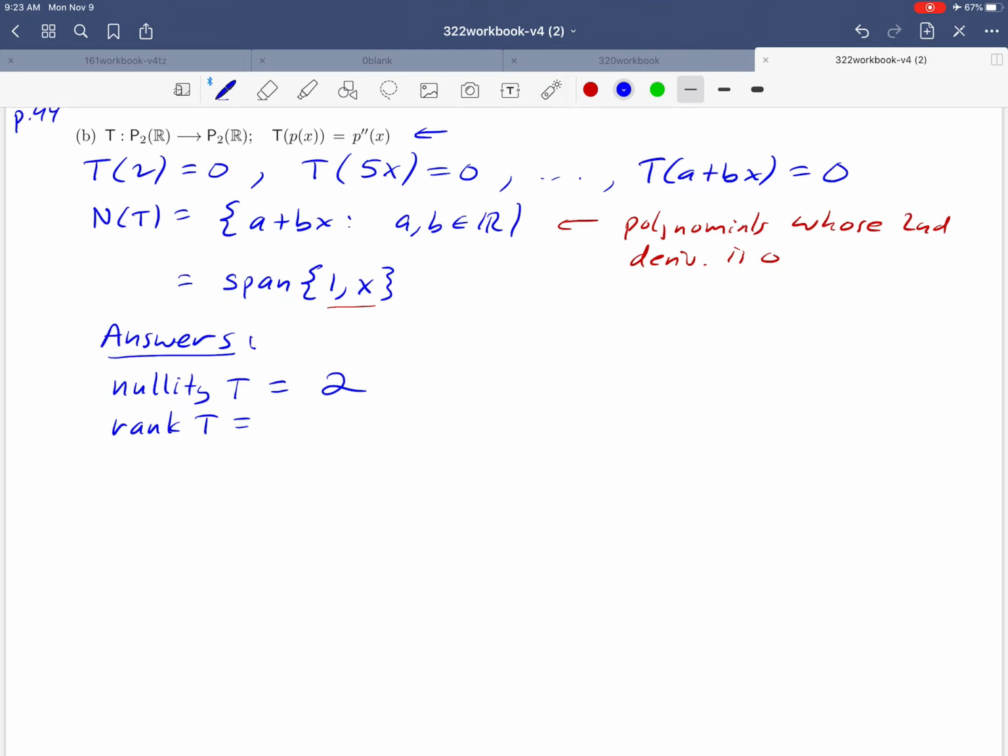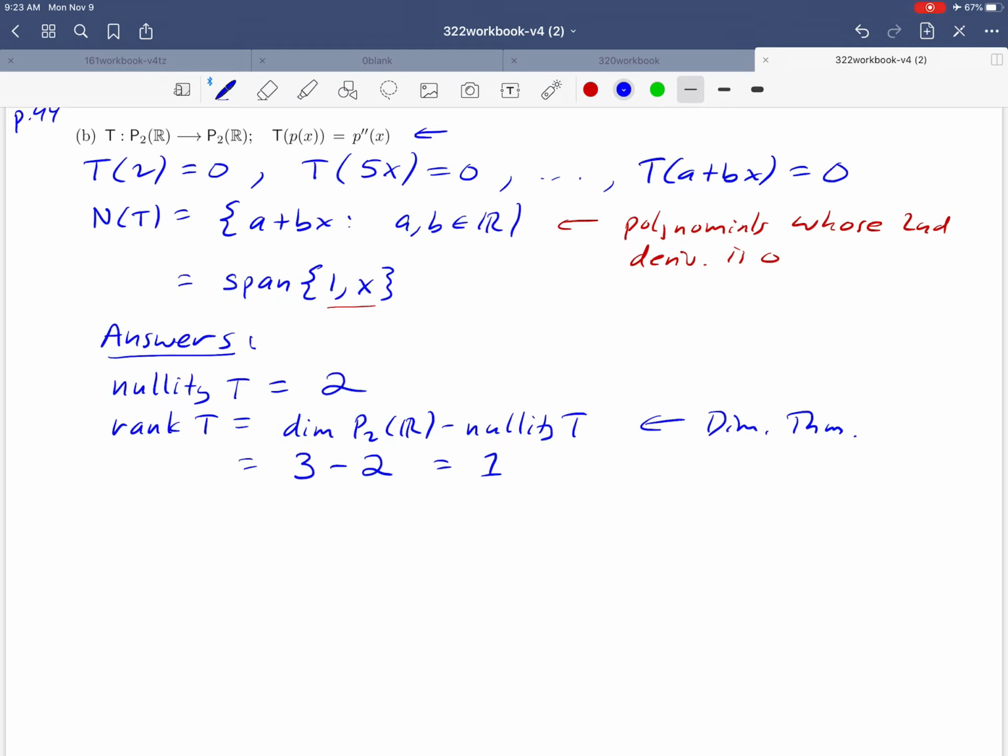The dimension theorem tells us that the rank of T is going to be the dimension of the domain, P2(R), minus the nullity. What is the dimension of P2(R)? That's actually 3. The nullity we just calculated to be 2, and so we're going to get a rank of 1.